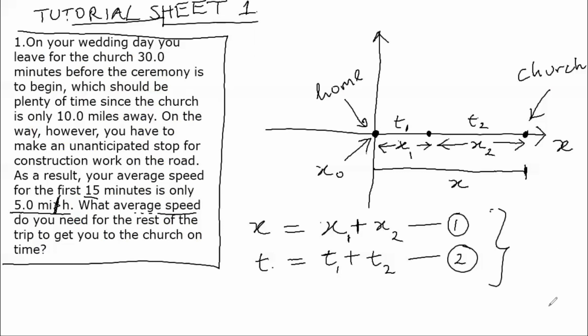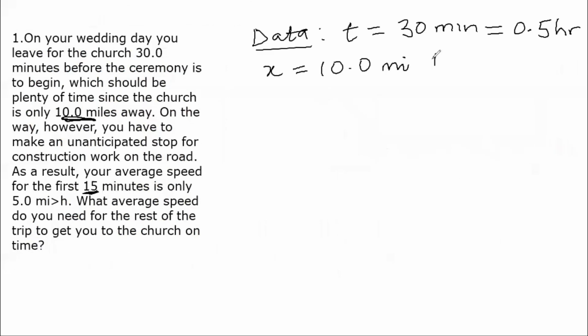So I also know that T1 is nothing but 15 minutes, which I can convert to hours in a similar way that I did to the T. If you do that, you see it will be 0.25 hours. That's our T1.